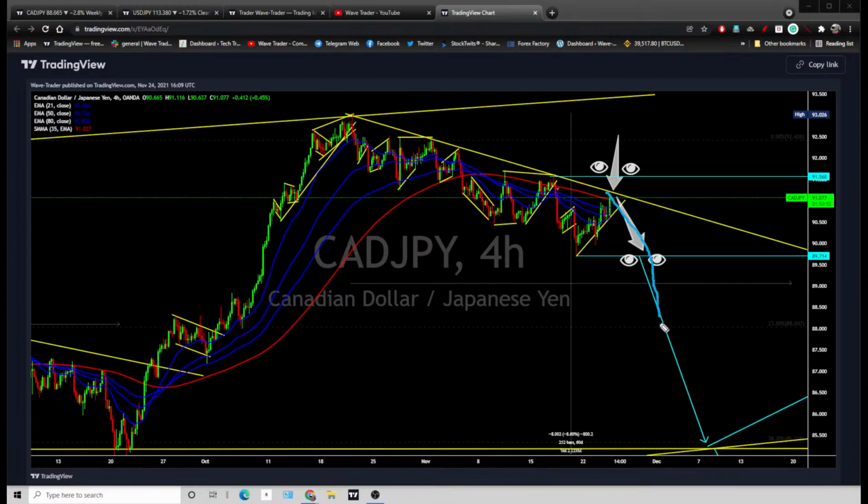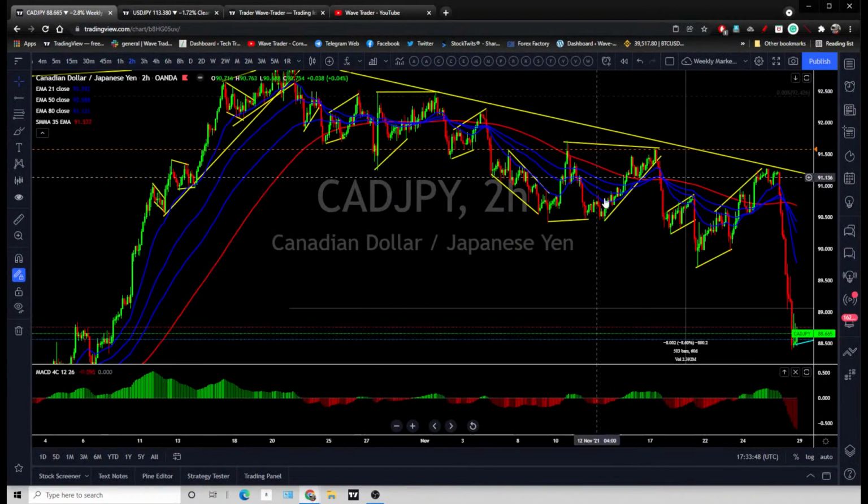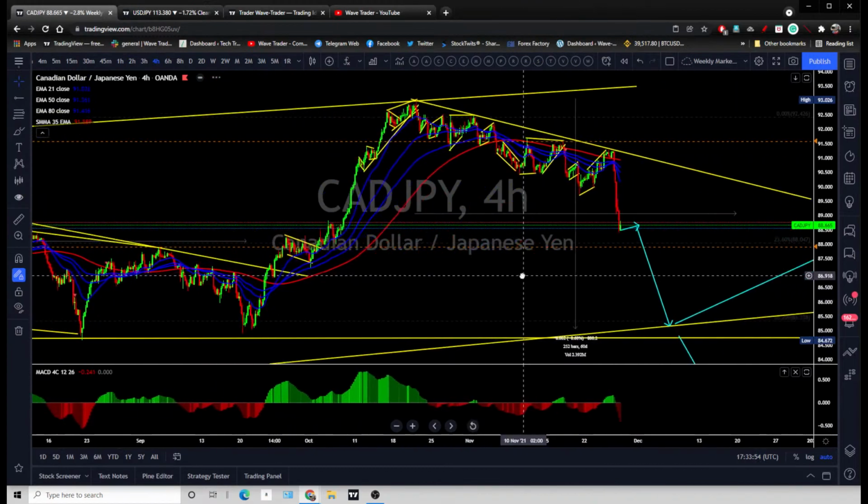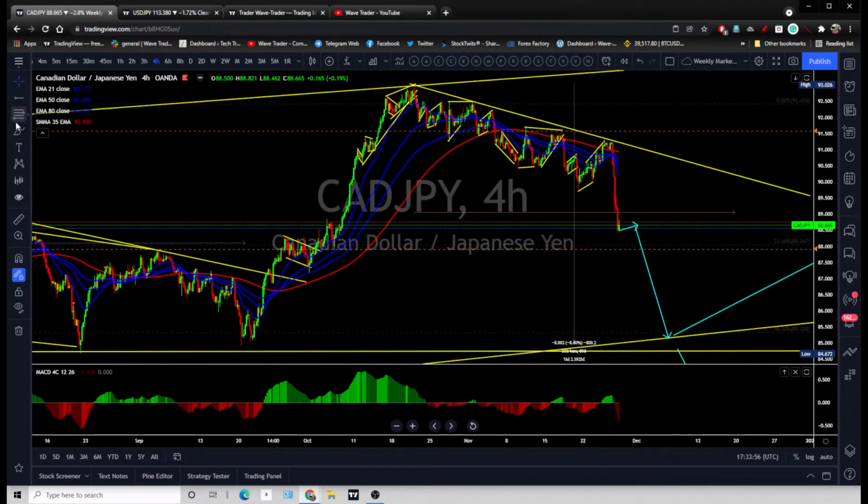Now this move has simply happened. The short-term target was there, the entry was there, and the crash has simply happened over there. But potential is still there to catch more on the CAD yen on this 4-hour time frame. How many pips are still left over there?